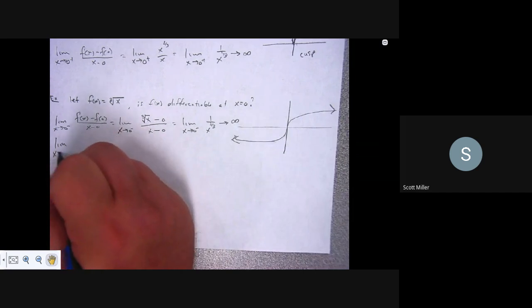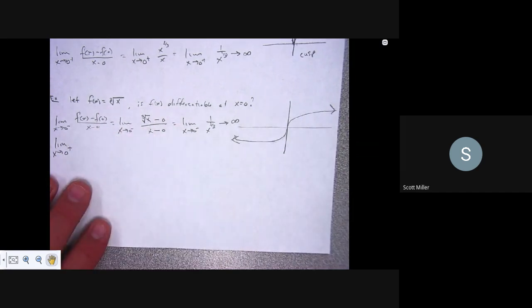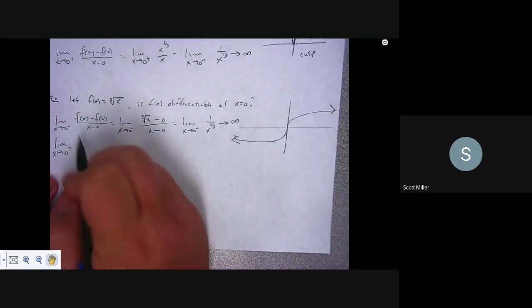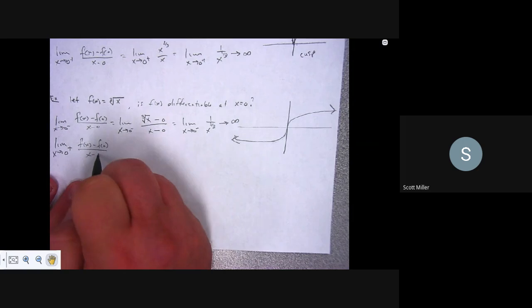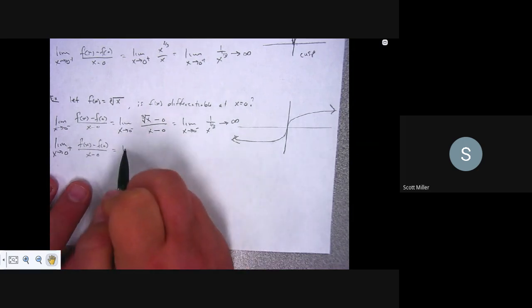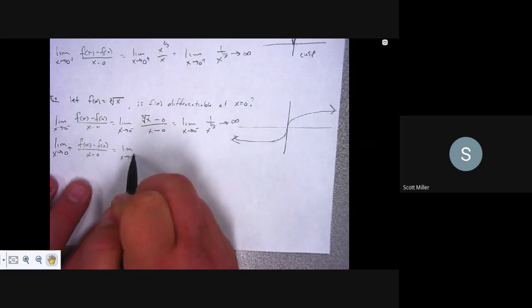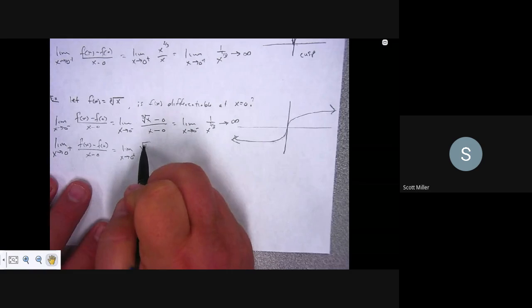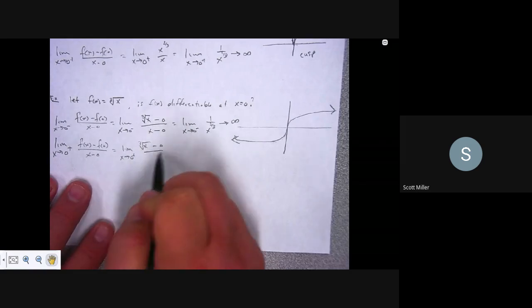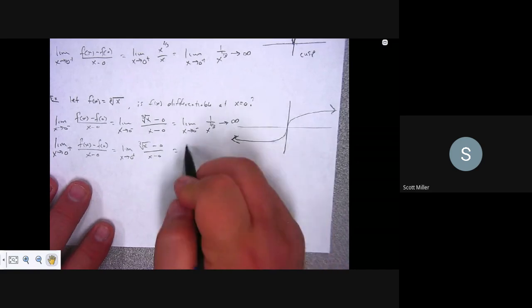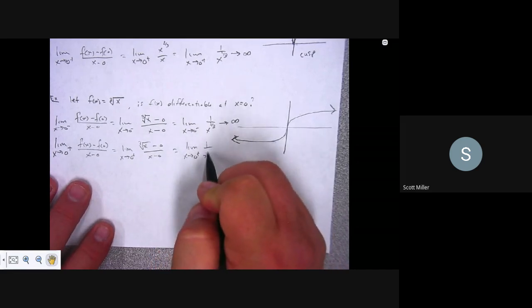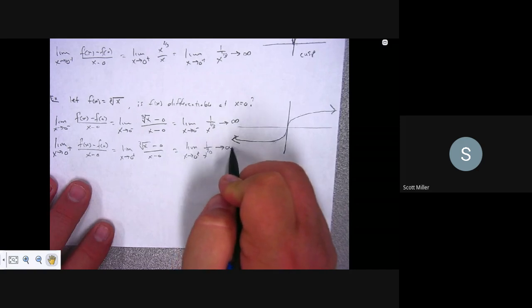What's the limit as x approaches 0 from the right? x minus 0. You can see I'm going to get basically the same thing again. Cube root of x minus cube root of 0, over x minus 0. And so this is the same as that, so I'll have exactly the same thing from this direction. 1 over x to the 2/3, which again goes to infinity.